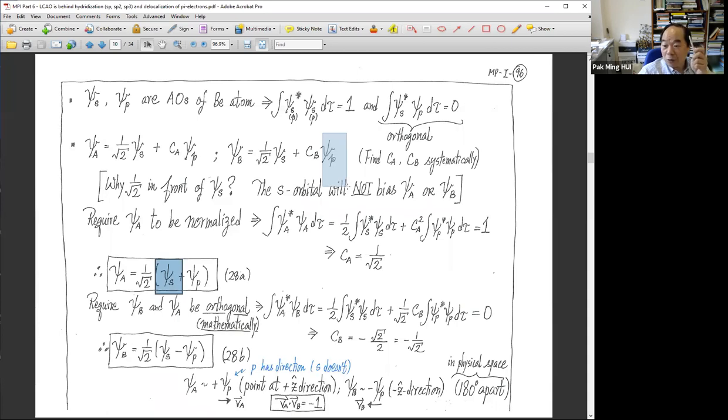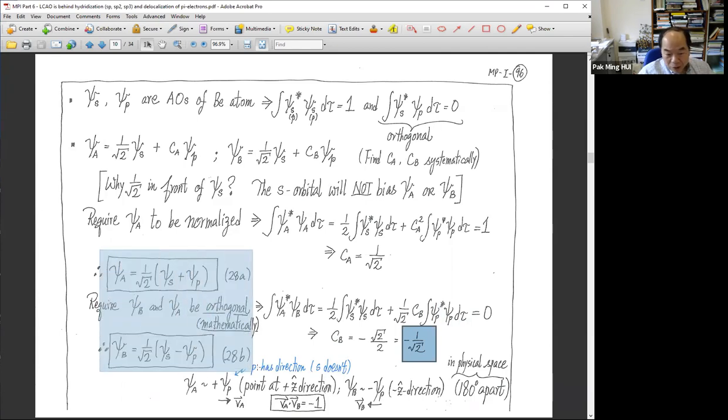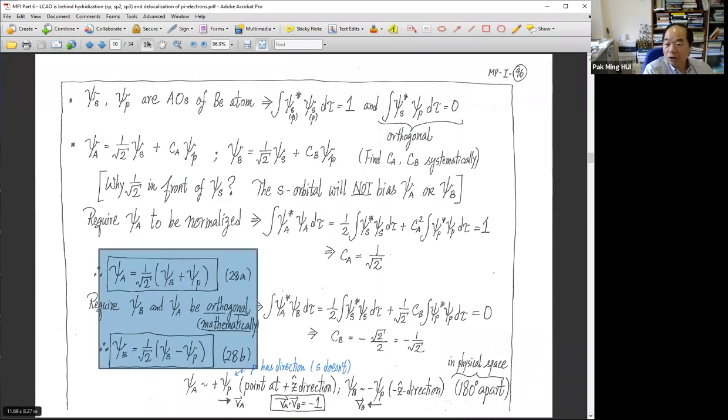By atomic physics solution, they are orthogonal. So we don't have the cross term. The only remaining term is this part multiplied into that part, picking up the unknown coefficient, but this is 1. So thereby, we can solve for the remaining one. This is minus 1 over square root 2. So at the end, we don't need to guess what they are. We constructed the sp hybridized orbitals.